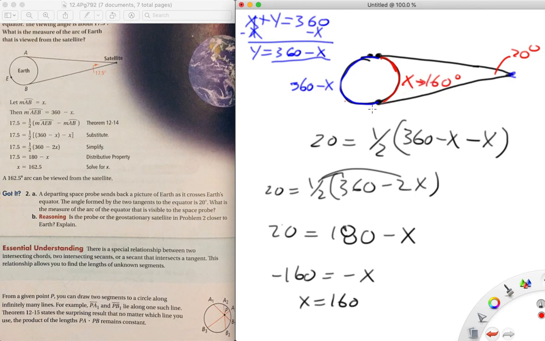This is going to be 360 minus that, so then this guy is 200. They want the measurement of the angle closest to the satellite, so x is 160.